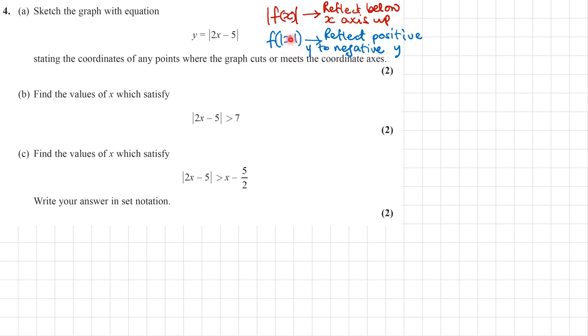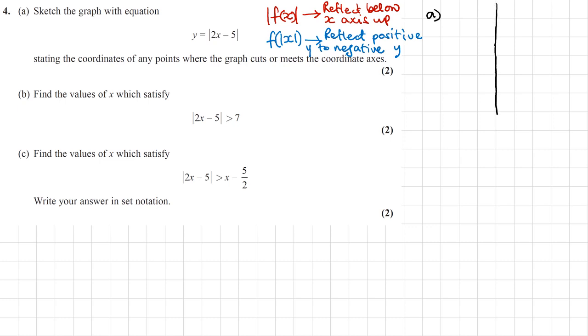And if the modulus is just around the x, then you take the graph on the positive x side and reflect it to the negative x side. So we've got the first type here. We're going to draw a sketch of it, and anything which is below the axis we're going to reflect up. So let's draw an axis over here.